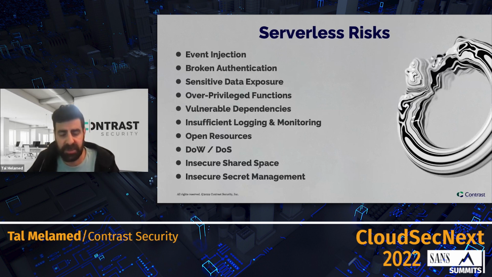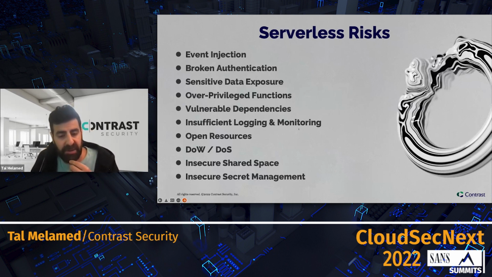Data exposure exists in the cloud and outside, but when we talk about serverless and Lambda functions, we talk about the keys that reside inside the environment. If you can steal those keys, you can basically impersonate the function in the cloud from your own computer. You just need the keys. You can run AWS commands with the keys from your computer and interact with whatever access the function is given. And there are many other things like dependencies, which we know from before, and system logging and monitoring.